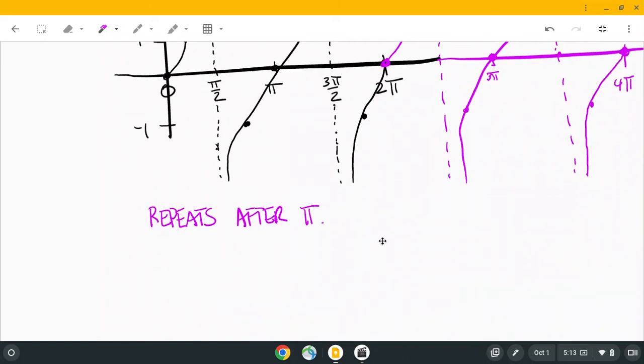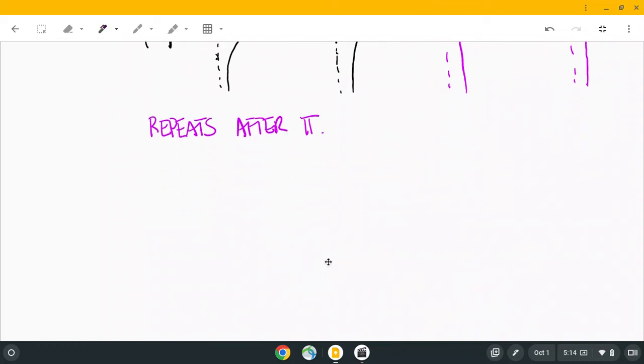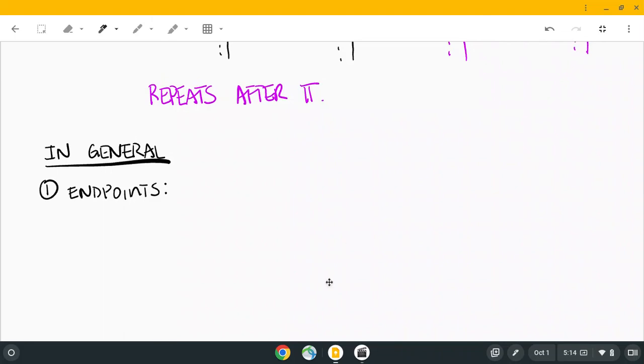All right, so let's do our in general. In general, when you're graphing tangent, the endpoints, let's take a look here.